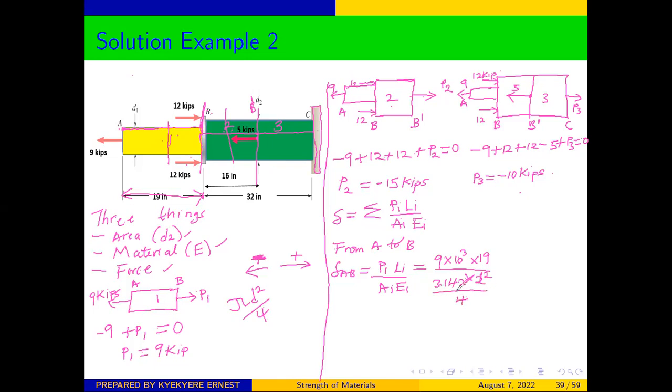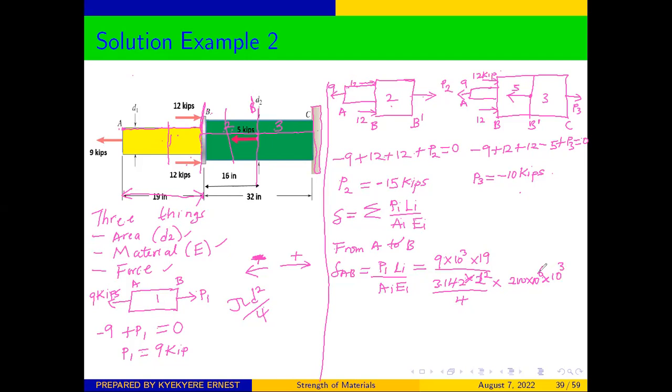And the modulus of elasticity was given as 200 times 10 to the power 6. But don't forget that it was given in KSI. Anytime you are given in KSI, you make sure you change to kilopounds. So you have times 10 to the power 3 again.